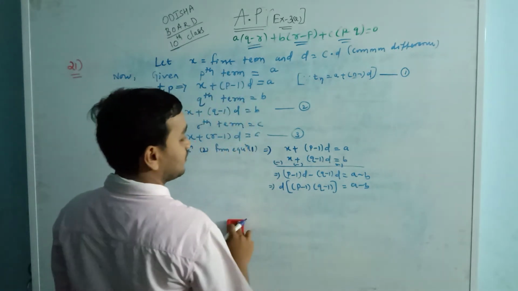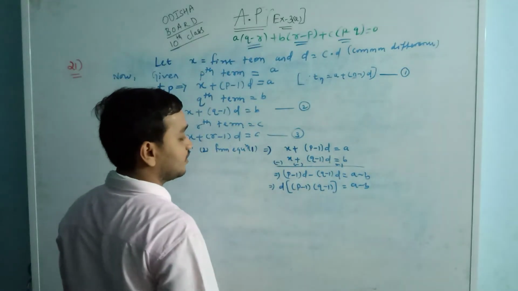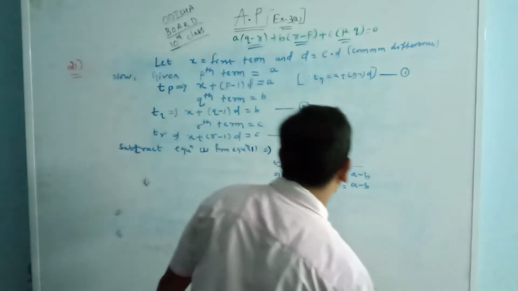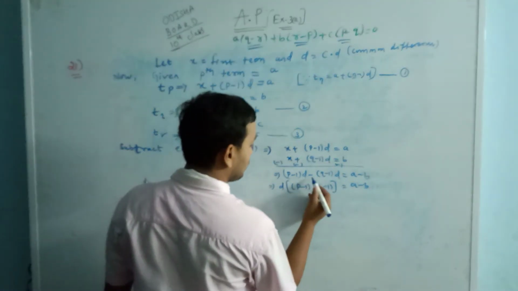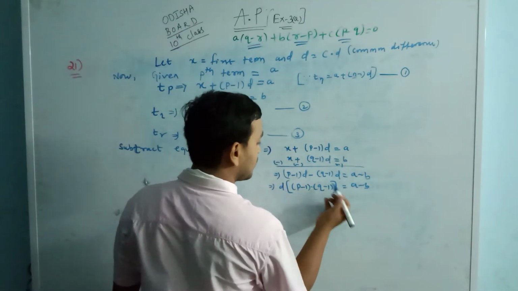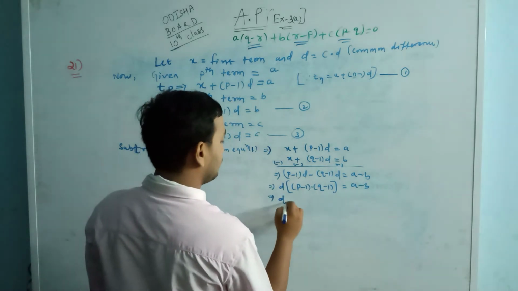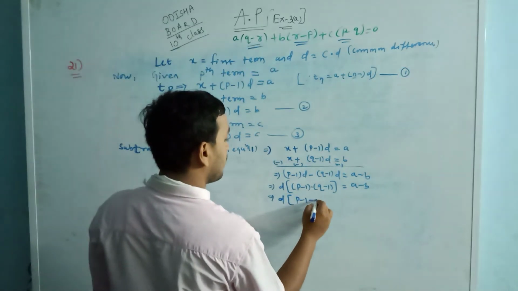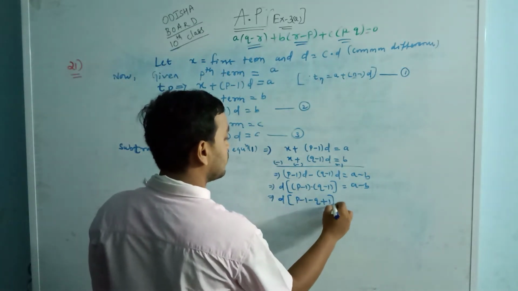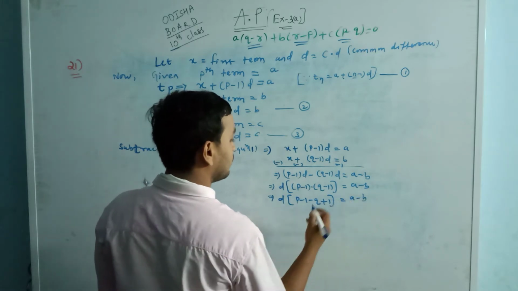See, this is negative but we take as positive. P minus 1 minus Q minus 1. See, D, P minus 1 minus Q minus minus plus 1 is equal to A minus B.